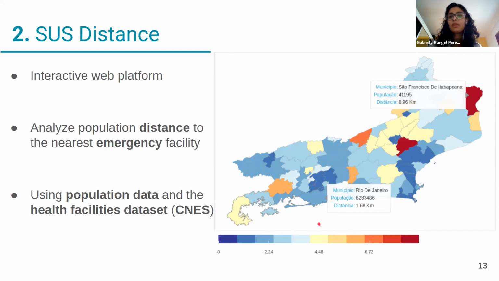So, for example, the average distance of the city of Rio de Janeiro, the state capital, is about 1.7 kilometers. And otherwise, this other city here, its average distance is about 9 kilometers. So this entire map can show us how the emergency facilities are distributed all over the state.